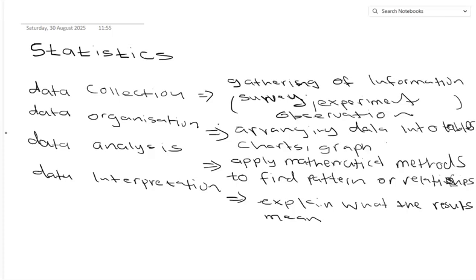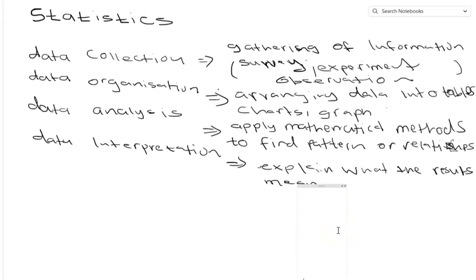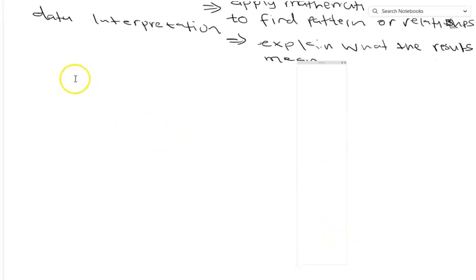So now I'm going to show you how this whole process works, right? We want to understand how the process works. Let's say, for instance, let's just start with something simple.